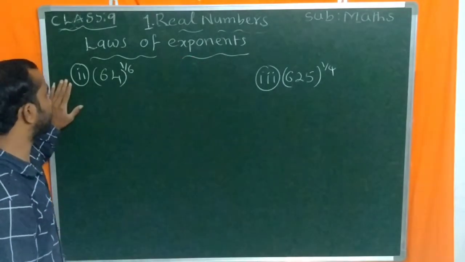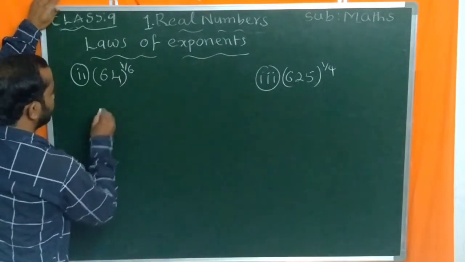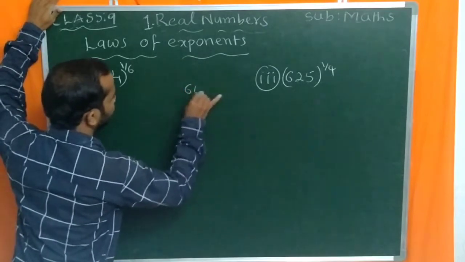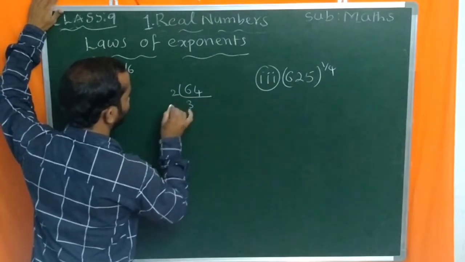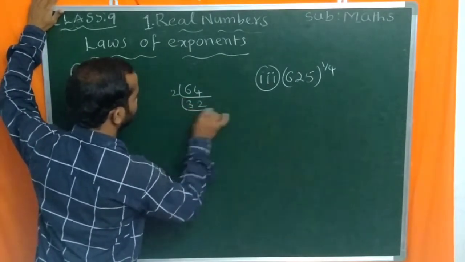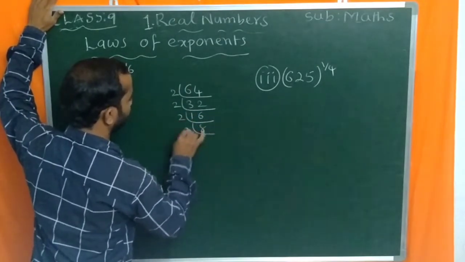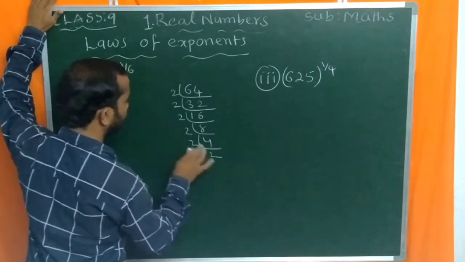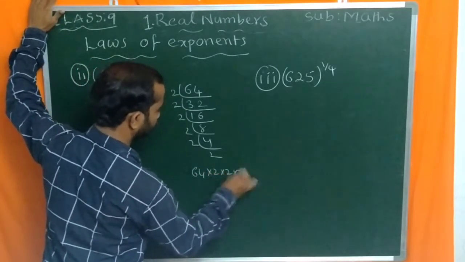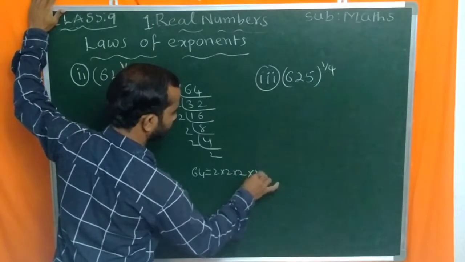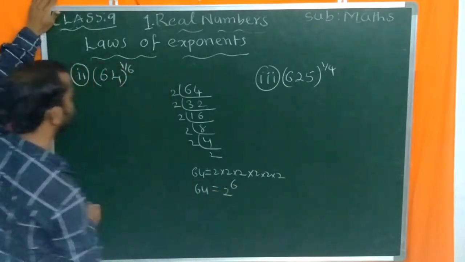Next problem, 64 whole to the power of 1 by 6. First, 64 can be divided into prime factors: 2 times 32, 2 times 16, 2 times 8, 2 times 4, 2 times 2. 64 equals 2 into 2 into 2 into 2 into 2 into 2, so 64 is 2 to the power of 6.